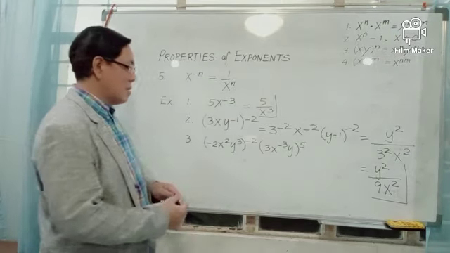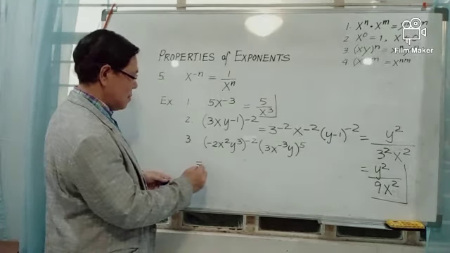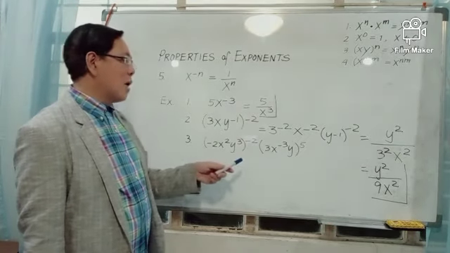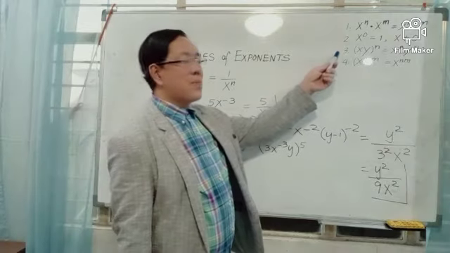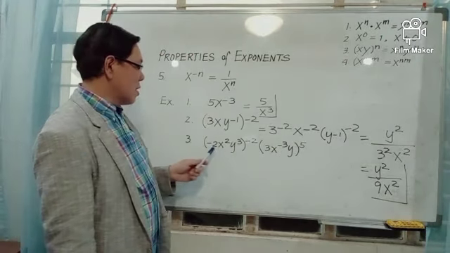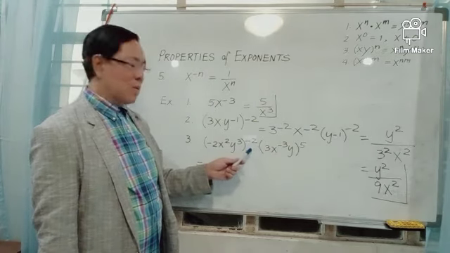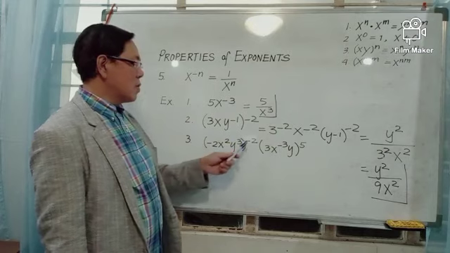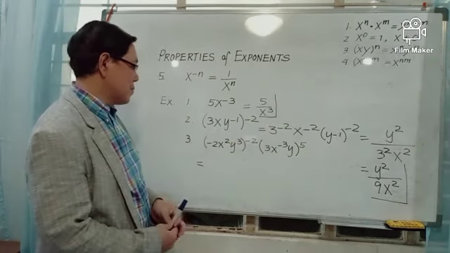Consider number 3. We simplify each factor first by applying the third property of exponent. For the first factor, raise negative 2 to the negative 2, x squared to negative 2, y cubed raised to negative 2.